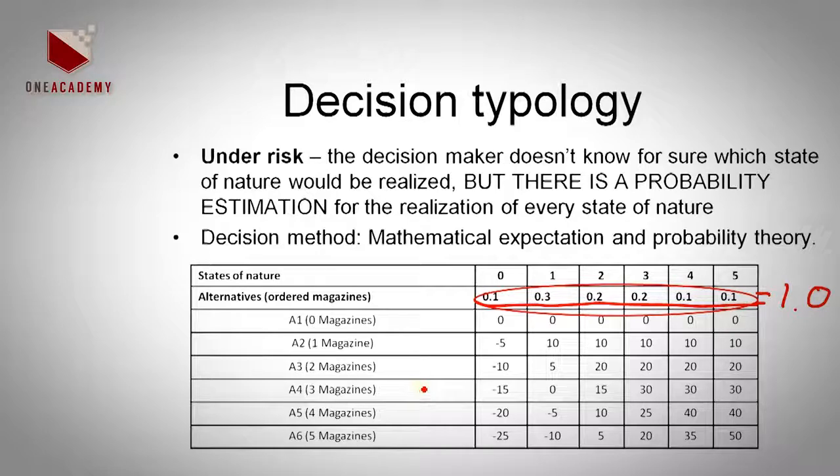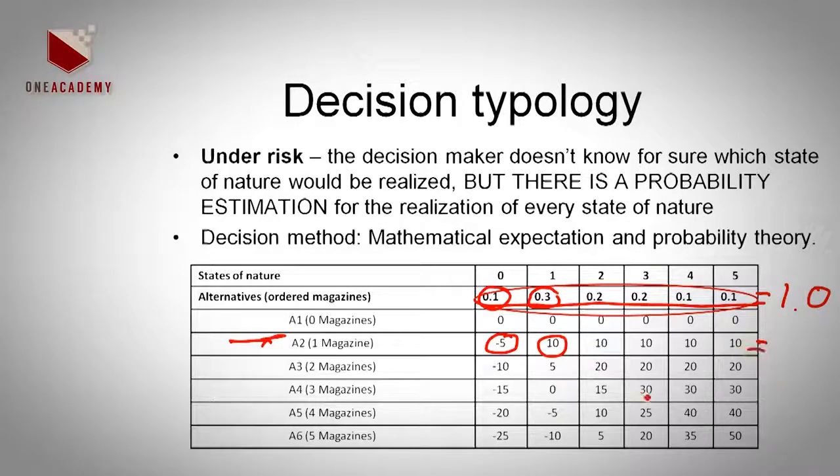What do we do in this case? Well, we do something that we have already covered in the previous lectures. It is the mathematical expectation, or the so-called expected value. I would like to remind you, we take the probability. Let's consider this row first. We take the probability of occurring multiplied by the given outcome. Then we take the probability and multiply it by the given outcome, and so on and so forth.